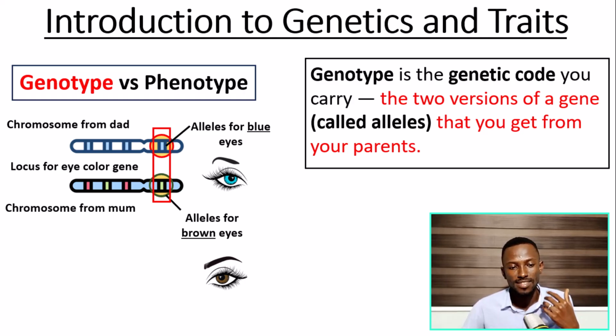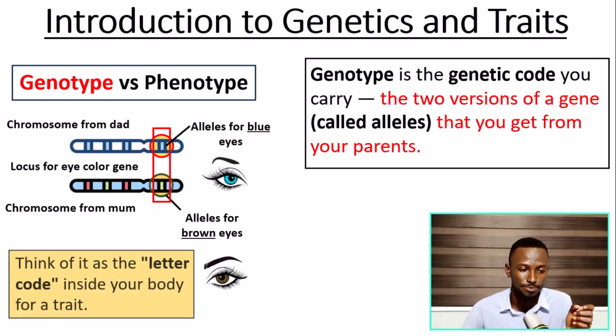So for that child we're talking about at the moment, the genotype for eye color is blue and brown from the parents. That is his genotype.